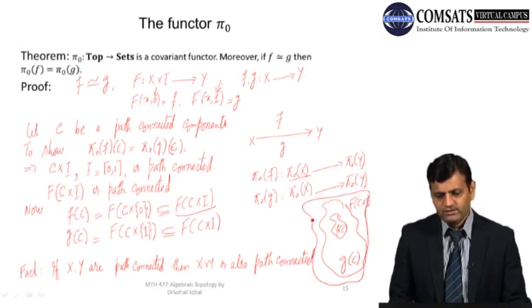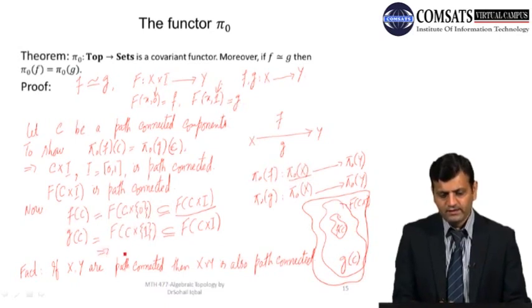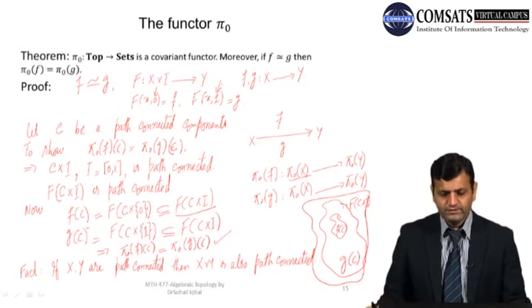Let's say this bigger set is the unique path connected component containing F of C cross I. So f of C and g of C are contained in the same path connected component, which implies that π₀(f) of C is equal to π₀(g) of C. So basically the continuous images of C under f and g are contained in the same path connected component.